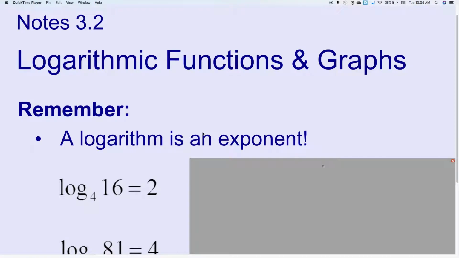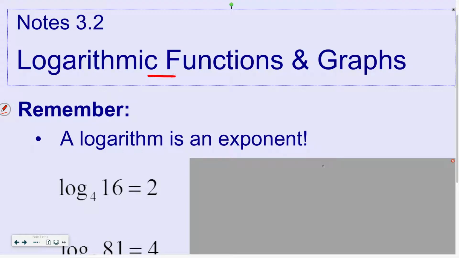The first time you're introduced to the log is back when you learn exponential functions, because logs are the inverse to an exponential function.